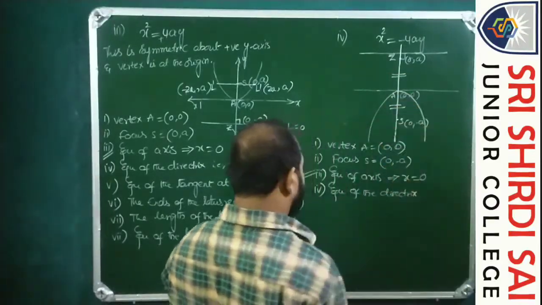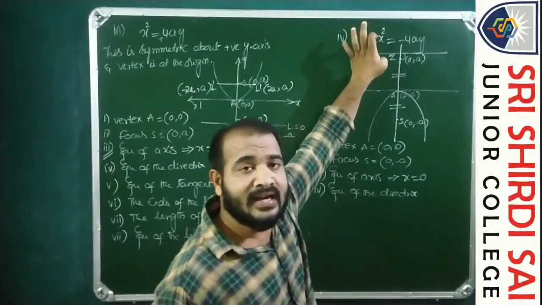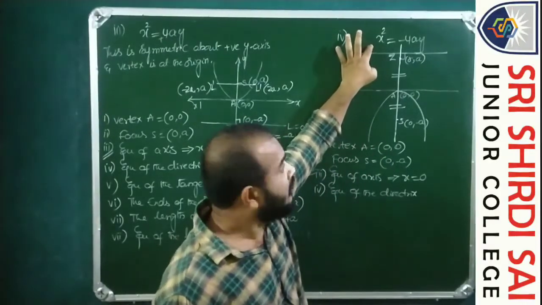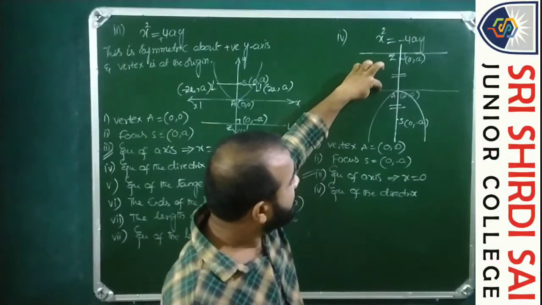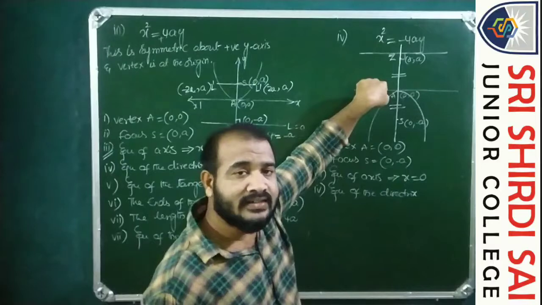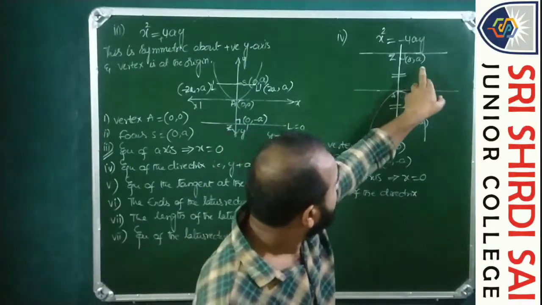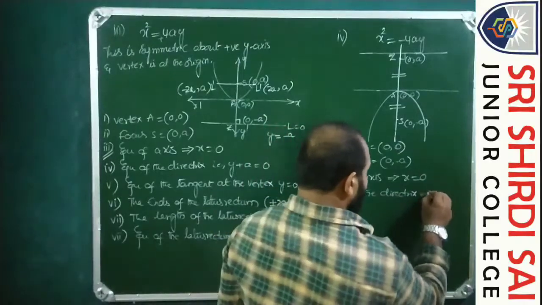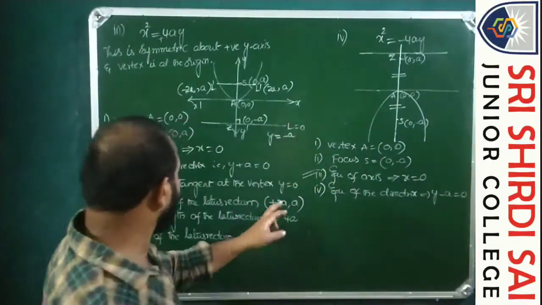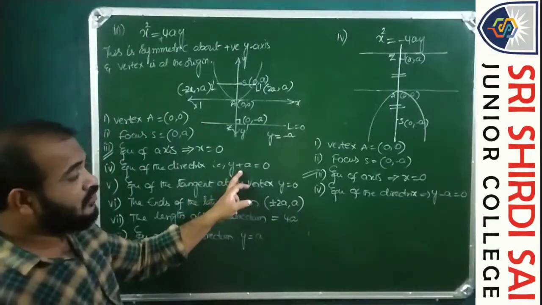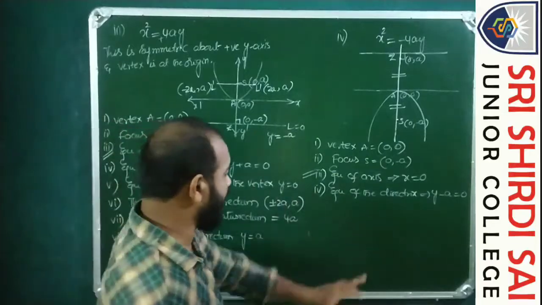So what is the equation of the directrix? This directrix is parallel to the x-axis. Any line which is parallel to the x-axis is of the form y equals to k. So y equals to a, or y minus a equals to 0. Here it is y equals to minus a, so y plus a equals to 0. Earlier it was y minus a equals to 0.